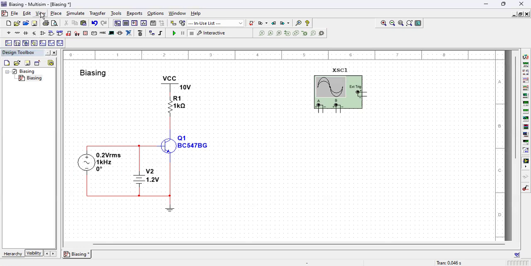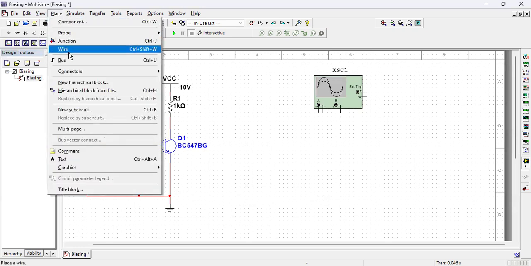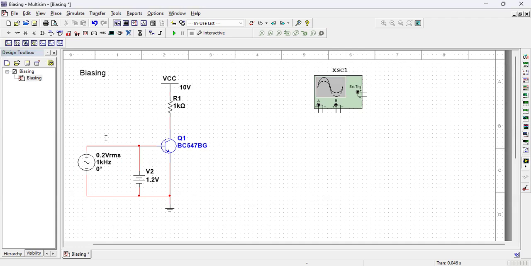I'll put it here. I think this will be clear. This value is plus 0.3 or minus 0.3.